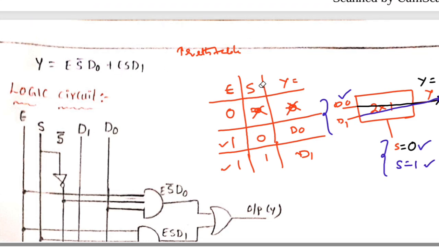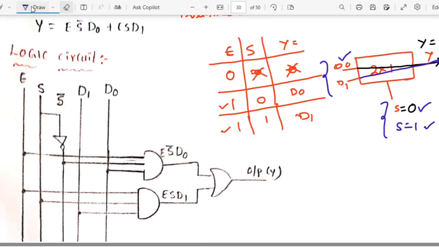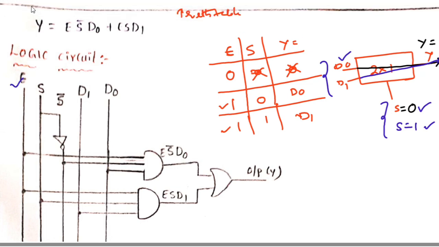Now we are going to see the expression. We have one selection line. This is the enable pin I'm writing, and S bar, because S equal to 0 means S bar, S equal to 1 means just S, that's how I've taken it, and two inputs D0 and D1. When S equals 0, we get D0 with S bar, and when S equals 1, D1 will be connected to the output.